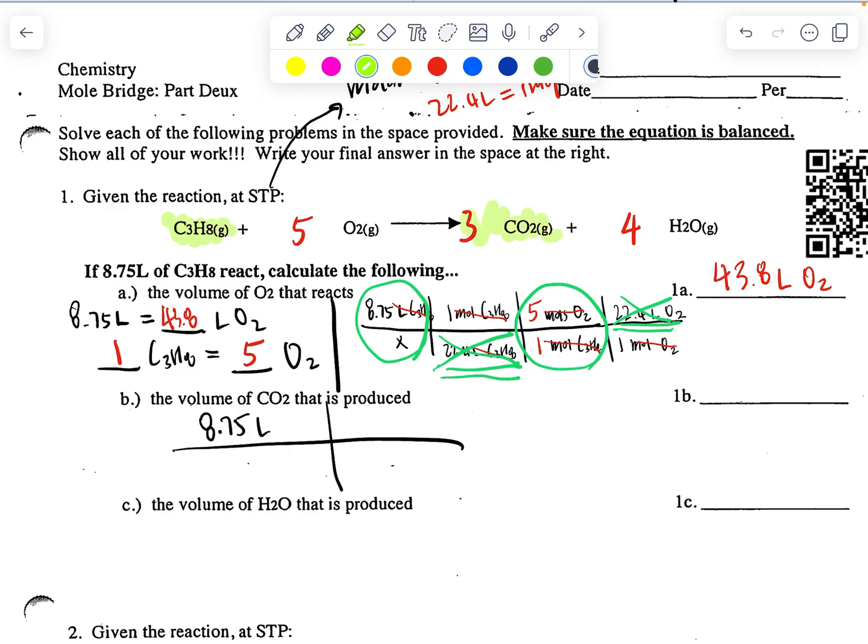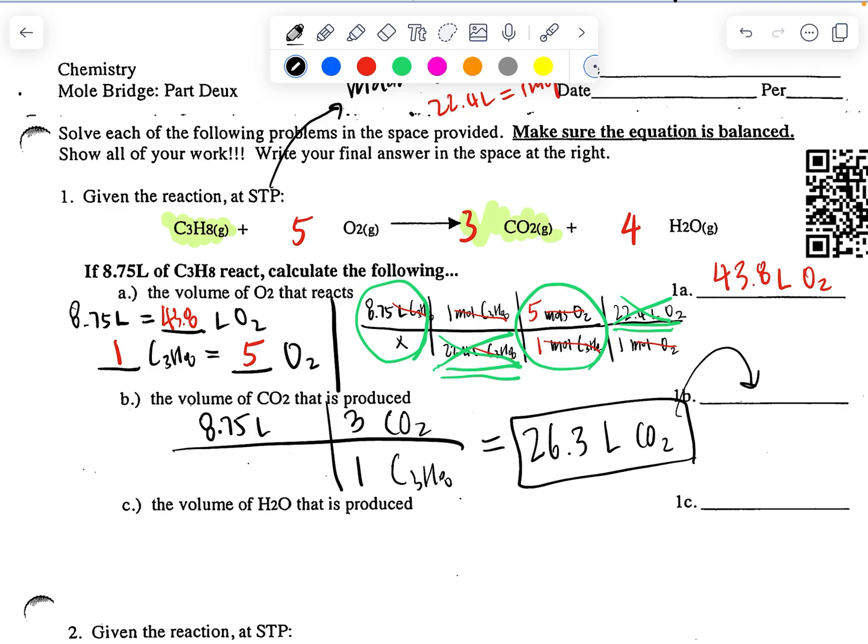So that's really just a 1:3 ratio, C3H8 and CO2. That's actually all you have to do, and that's it. So I'm going to take 8.75 times 3. You can go the long way, you can go the short way. 26.3 liters of CO2.